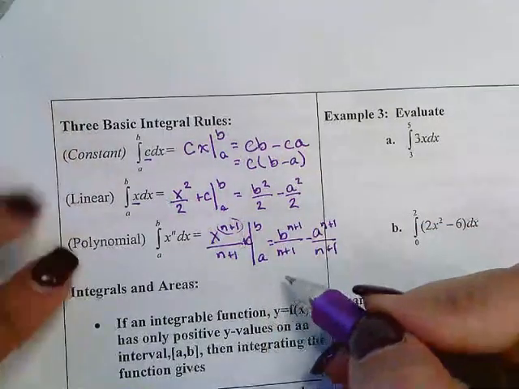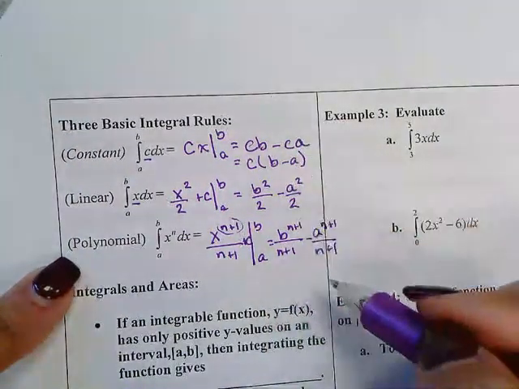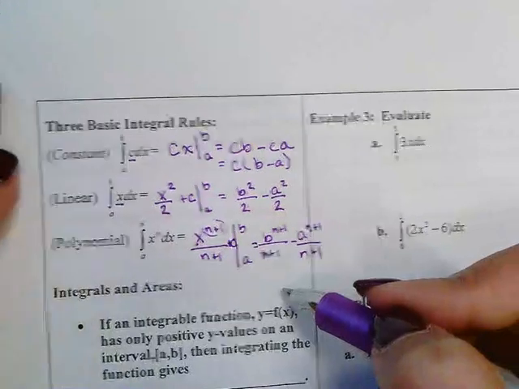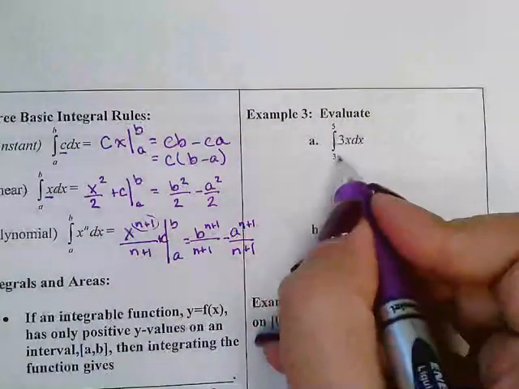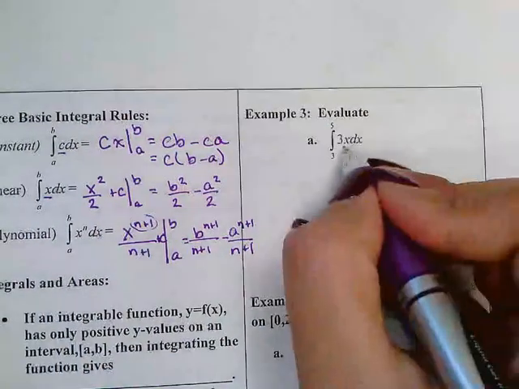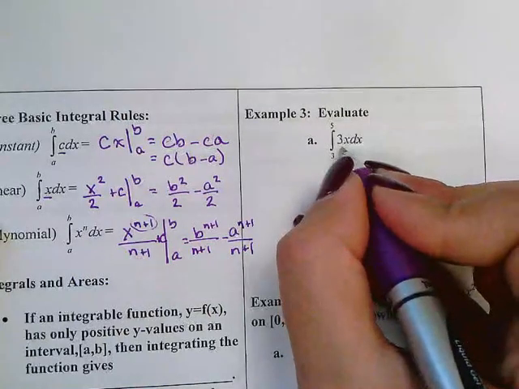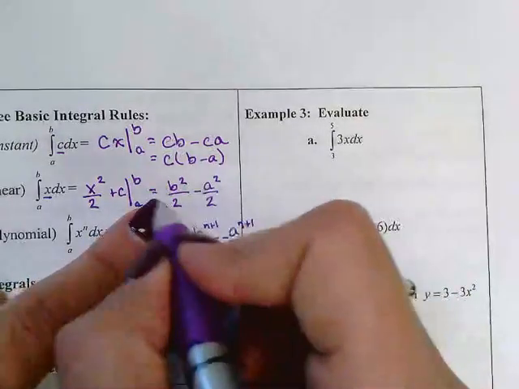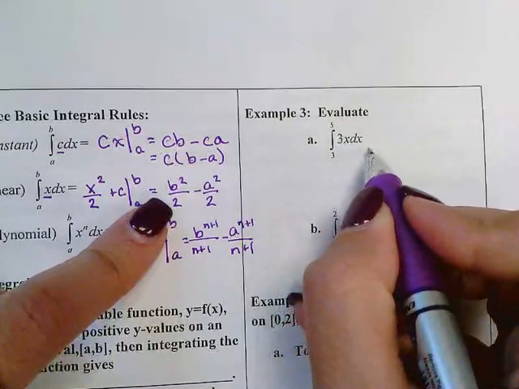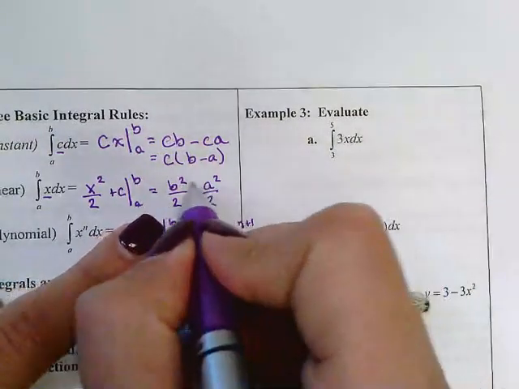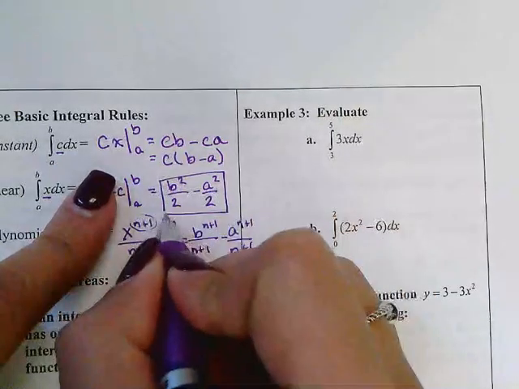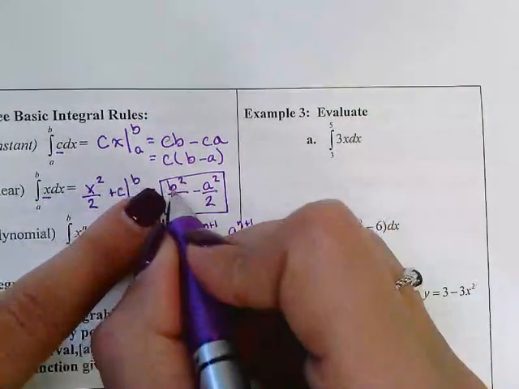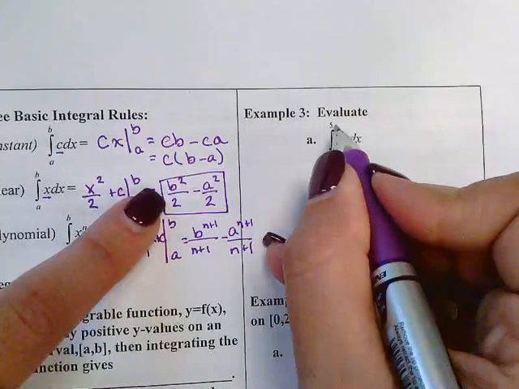Alright, so these are 3 basic rules, and we've kind of used them already, but let's use them right here. So this right here is a linear function. So instead of actually figuring out the antiderivative or the integral and then plugging in, I'm going to use this rule right here, which says you take your b, and remember your b is your upper bound.